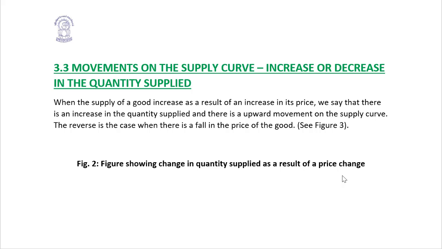Let's move to another topic now, and that is movement on the supply curve, increase in supply or decrease in supply. Students, over here we will learn increase in supply and decrease in supply.